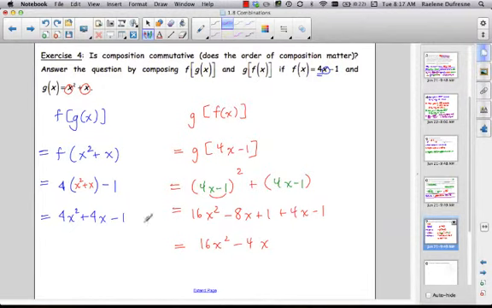And we can see that these two expressions are not the same. Because f of g of x does not equal g of f of x. Therefore, the order of performing composition does matter, and we would say that composition is not commutative.